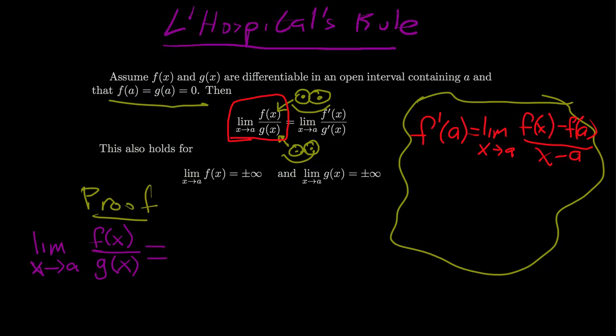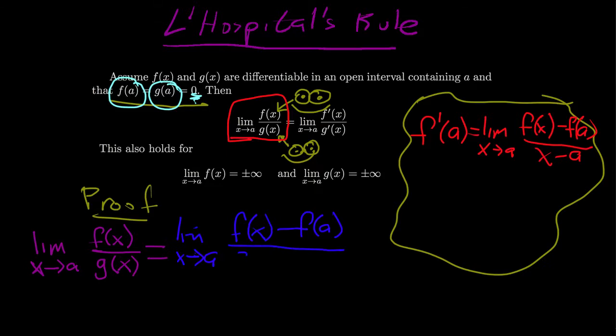And since f of a and g of a are equal to 0, this is the same as the limit as x approaches a of f of x minus f of a over g of x minus g of a.